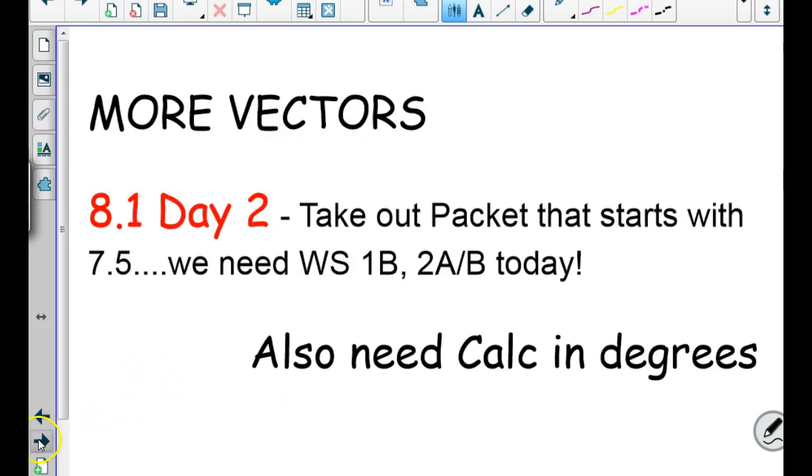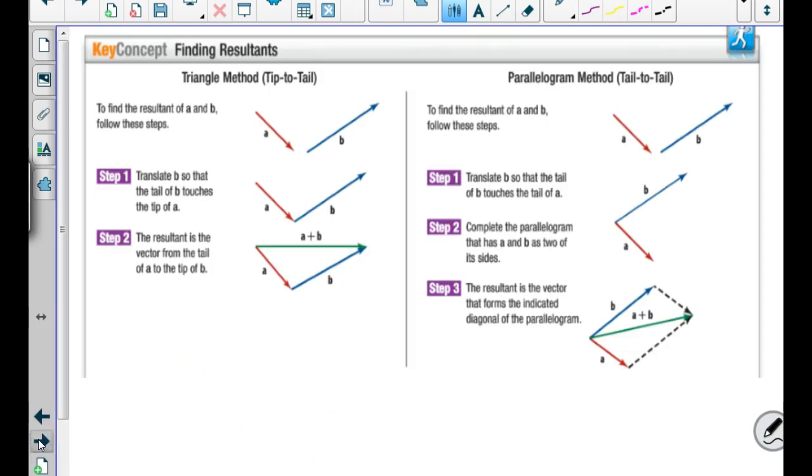All right, so I'm going to go back to worksheet 1B. And we're going to talk a little bit about adding vectors. Now, the tip-to-tail or tail-to-tail method both use basically law of sines and cosines. If you took physics, you probably use these.